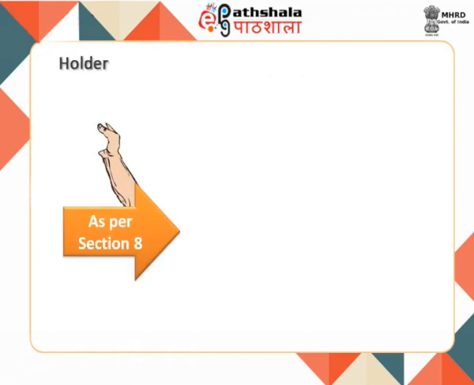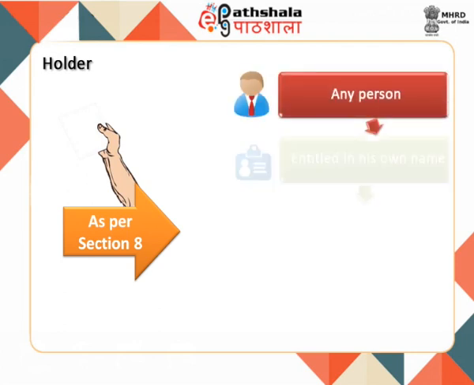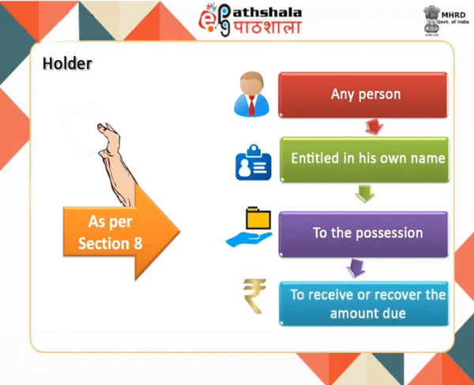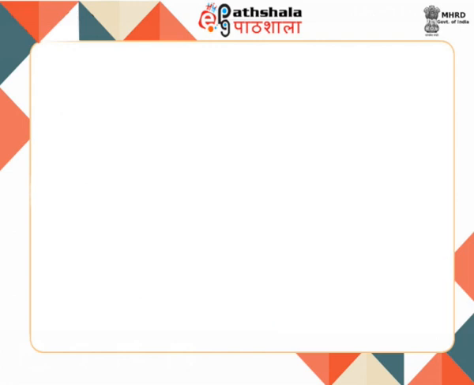As per Section 8 of the Negotiable Instruments Act 1881, the holder of a promissory note, bill of exchange, or check means any person entitled in his own name to the possession of such an instrument and to receive or recover the amount due thereon from the parties mentioned in it.